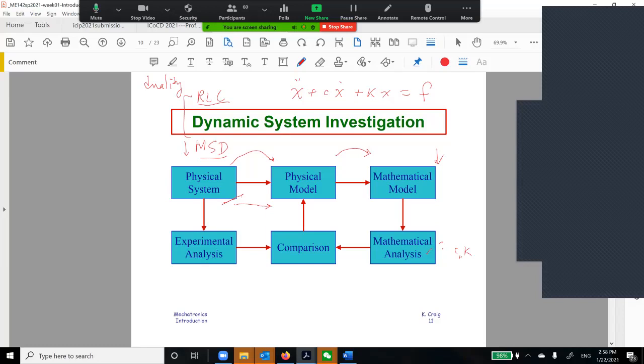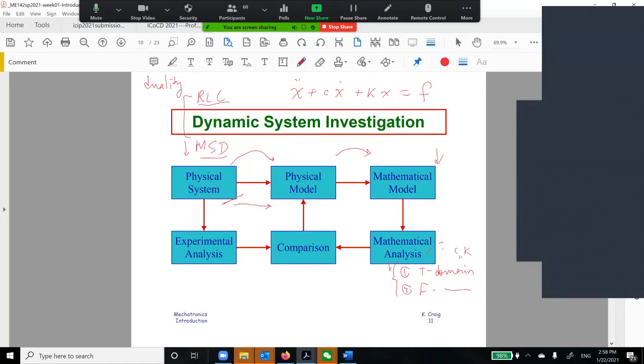But generally speaking, your analysis only happens in either the time domain or the frequency domain. Okay, we are going to talk about this, and we're going to learn the skills here.